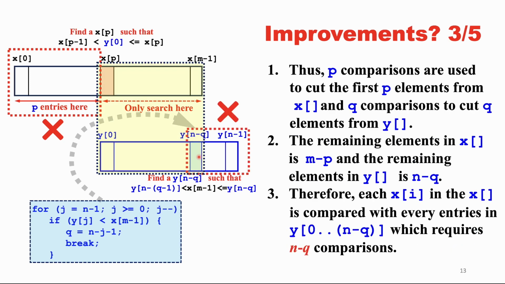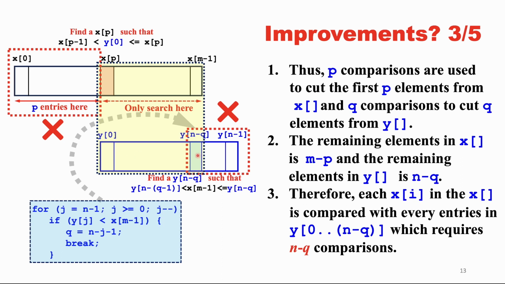So here is a diagram showing this part cancelled, this part cancelled. We only focus on this part. We use p comparisons to cancel this part. We use q comparisons to kill this part. So the elements here are p to m minus 1, and the elements here are 0 to n minus q.